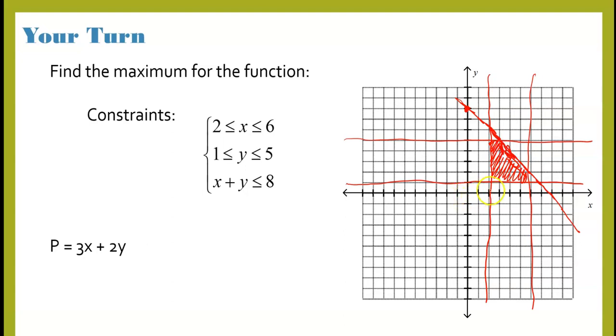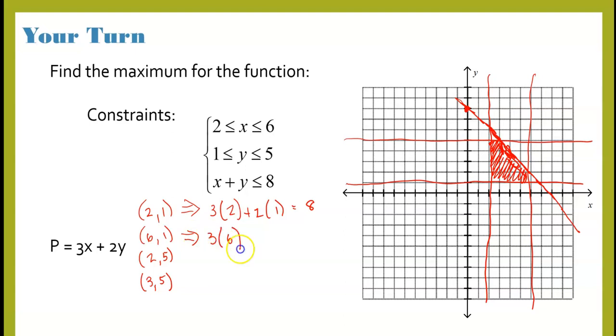And so the vertices are going to be 2, 1, and 6, 1, and 2, 5, and one more. Which one am I missing? Oh, there we go, 3, 5. We're trying to find the maximum here. So we put 2, 1 into the objective function. Gives us 8. Put 6, 1 into the objective function.